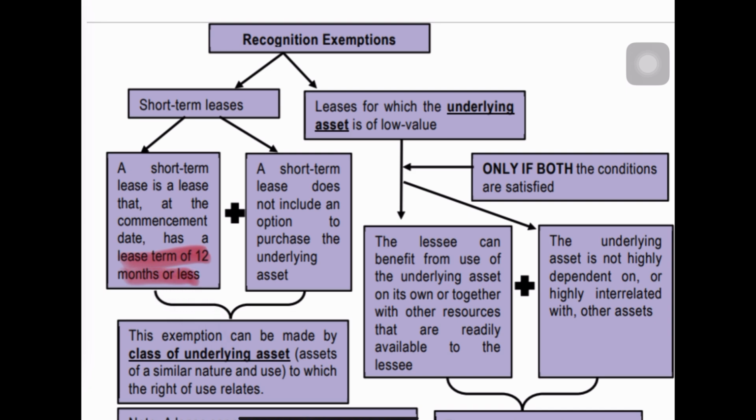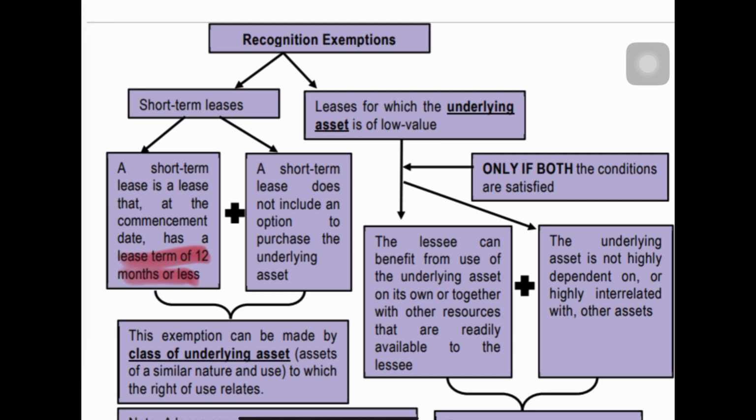So if the lease period is more than 12 months, Ind AS 116 will be applied, and if the lease term is 12 months or less, Ind AS 116 will not be applied. That's the first condition.